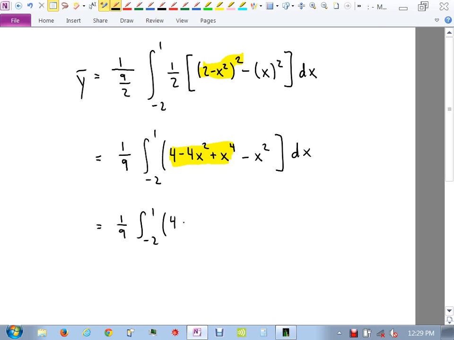Let's see, 4 minus 5x squared plus x to the 4th dx. All right, I'm going to just again save us some time by doing this on my calculator. Do I have any questions? Getting 1/9 times all that becomes 18/5, which is 2/5.